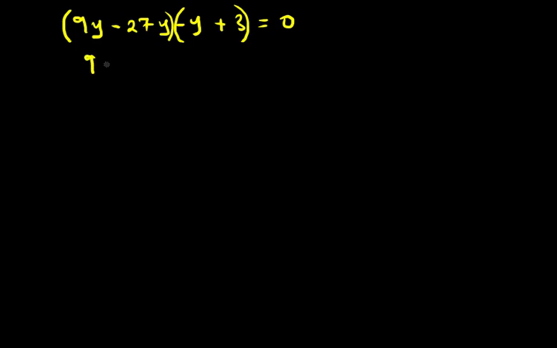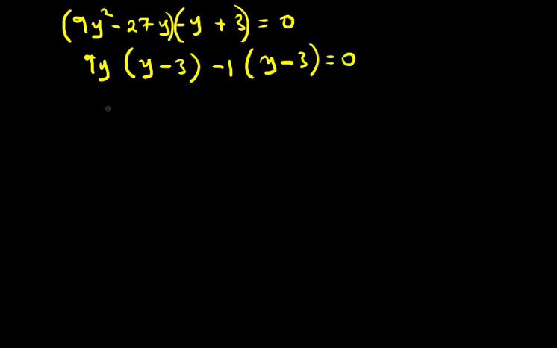We can factor out 9y, so that this becomes y minus 3, and then we factor out negative 1, so this becomes y minus 3 equal to 0.